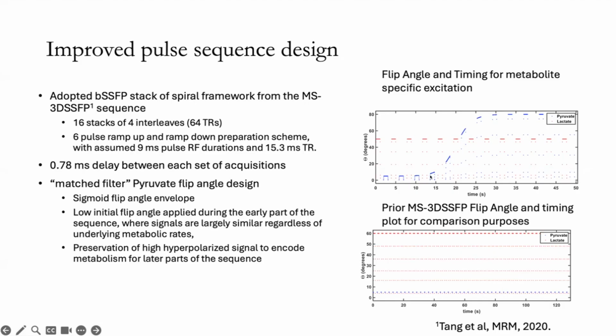In blue is pyruvate, where you can see at the first half of the acquisition, it maintains this very, very low flip angle design, somewhere around 8 degrees. Then around 15 seconds or so after injection, it ramps up and it goes all the way up to about 80 degrees flip angle, whereas lactate is maintained at about a 50-degree flip angle.